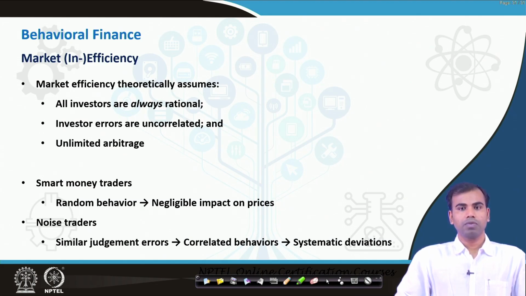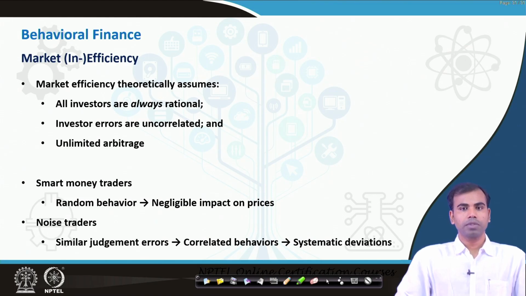Another assumption based on which the efficient market hypothesis was developed is that investors' errors are uncorrelated. This means that when some investors make mistakes on the positive side, a similar set of investors make mistakes on the negative side, and thereby the mistakes cancel out and the effect on prices is negligible. Another assumption on which the efficient market hypothesis was proposed is unlimited arbitrage.